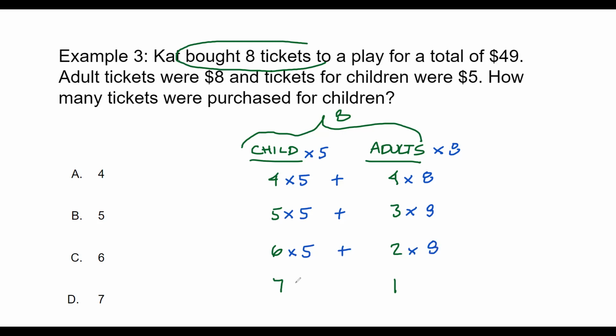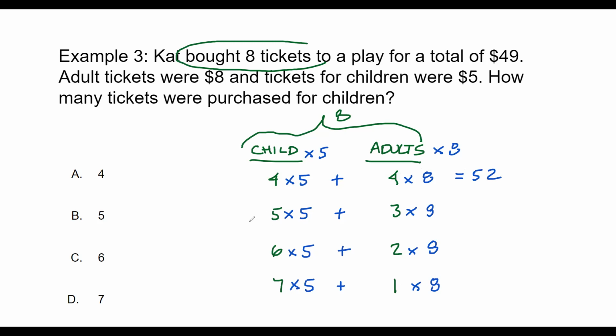You don't have to sketch all of these out like I am. I'm doing that for demonstration purposes. Now we want to do the math and figure out what these totals would have been. 4 times 5 is 20, plus 4 times 8 is another 32. That would have been $52.